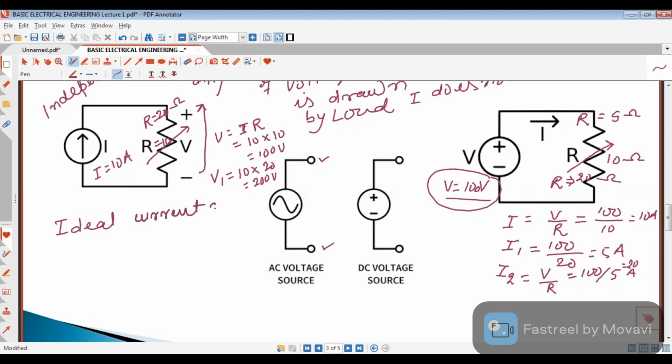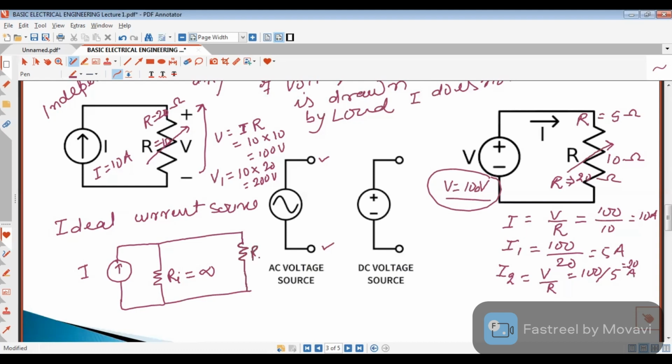The ideal current source means, suppose this is our current source and its internal resistance is placed in parallel with the current source. If its internal resistance is infinity, means very high, and we connect here a load resistance RL, then whatever value of current is coming here, it will not go here.